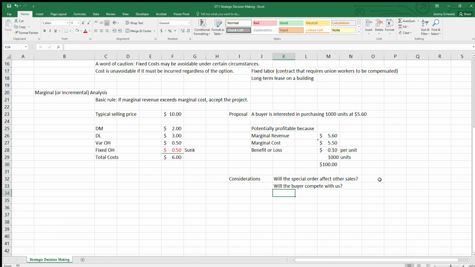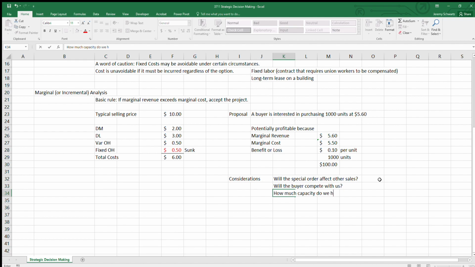Of course, if this is a product being shipped overseas and you're not going to have competition locally, that would be one thing, because then the other customers won't even know that this happened.